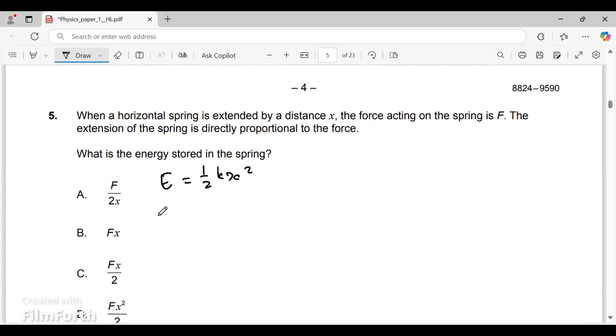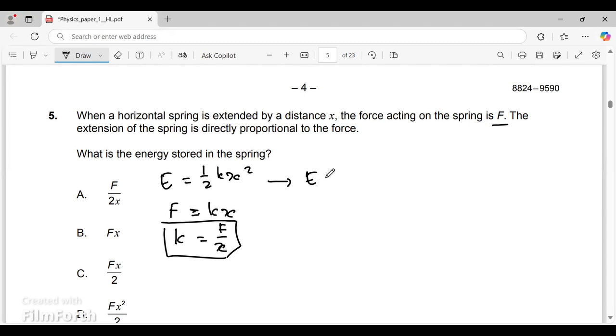Right? And since the force F acting on the spring is directly proportional to the extension x, we can use Hooke's law, that F equals k times x, and then substitute k equals F over x into this equation.